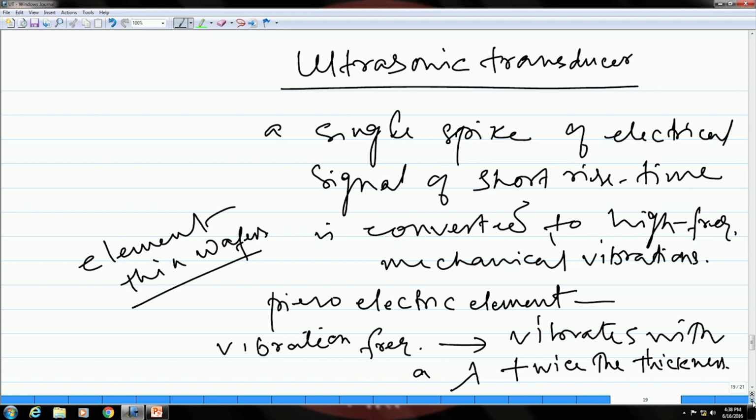So, the main component of an ultrasonic transducer is this piezoelectric element. When you supply an electrical signal to this element, it will vibrate with a particular frequency, which depends on the thickness of the element.